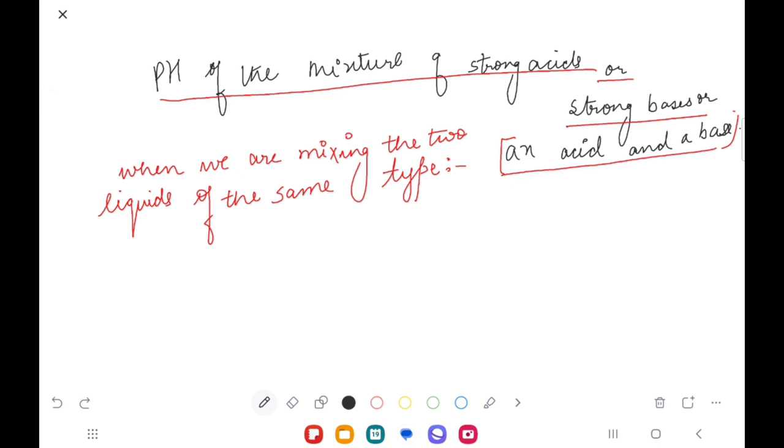You tell me. It means that either both of them should be acids, or more than two could be there.